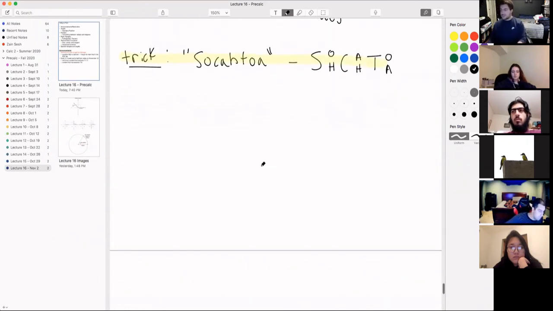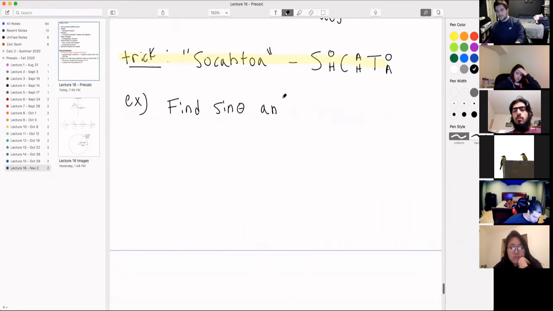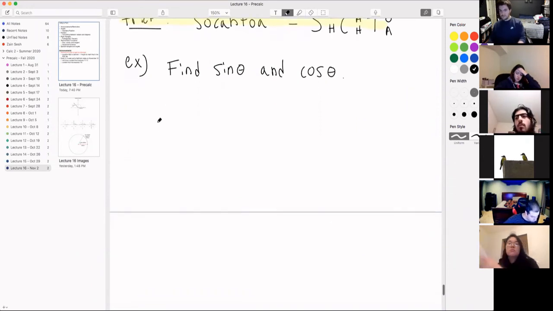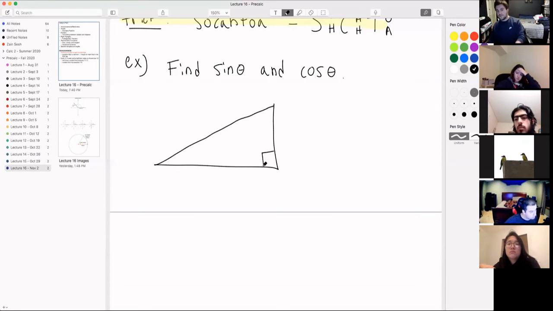Good. So now let's do an example where we actually compute some trigonometric functions. So find sine theta and cosine theta. Okay, so I'm going to give you guys a right triangle. So now I need to tell you what angle is going to be theta, and it's going to be this one on the left side.